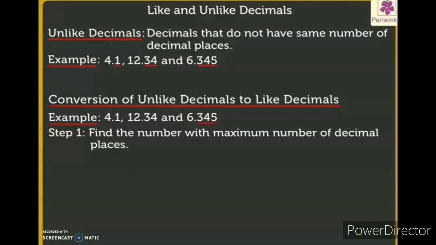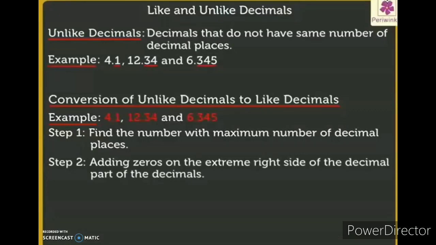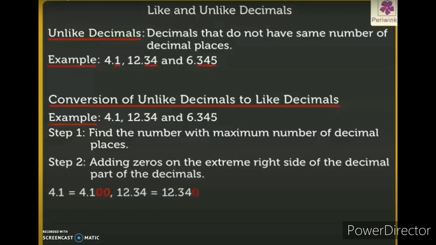So what to do, children? Step number 2 is adding zeros on the extreme right side of the decimal part of the decimals. Like 4.1, I can write as 4.100. 12.34, I can write as 12.340.